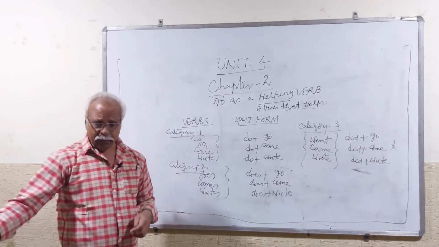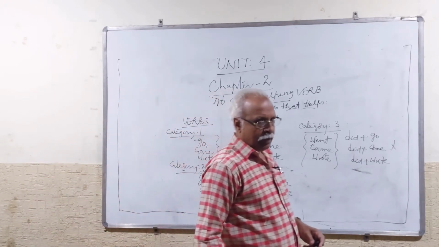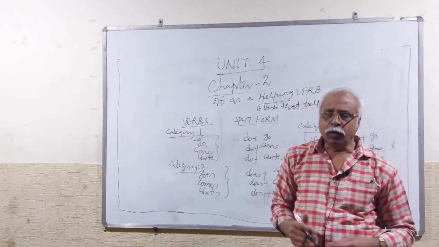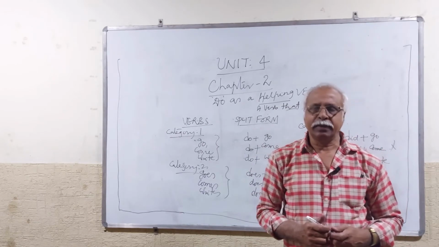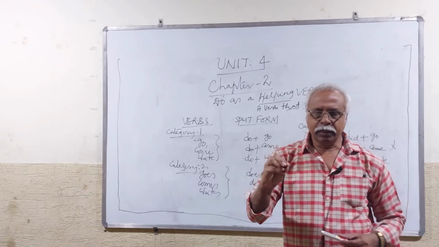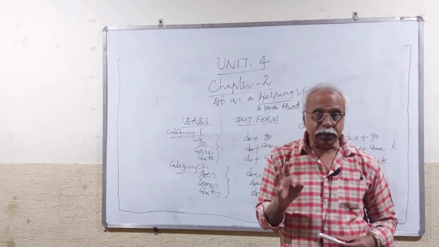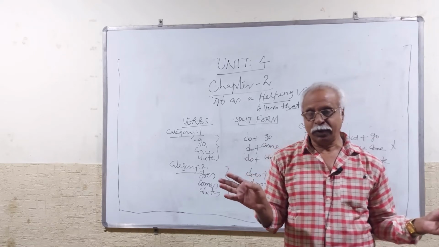Here, it's natural for you to ask me a question. Sir, when should we use do, does, did? Should we use do, does, did in every sentence which you want to turn into negatives and interrogatives? No, not at all.